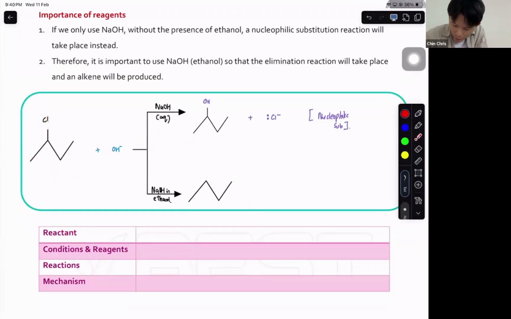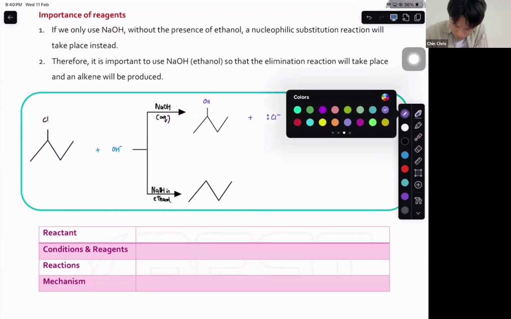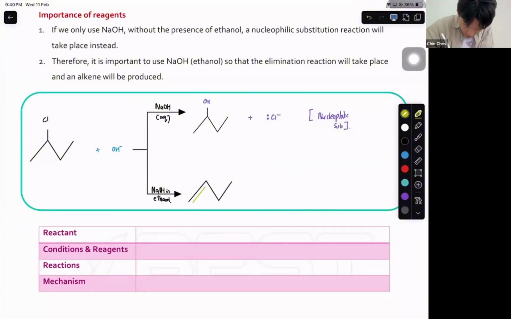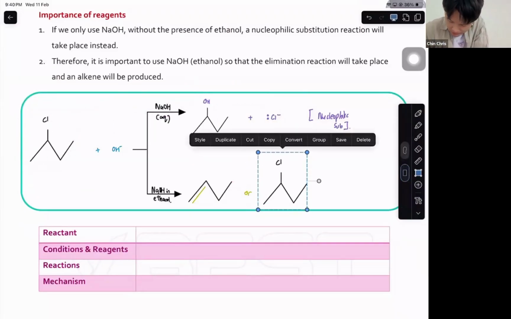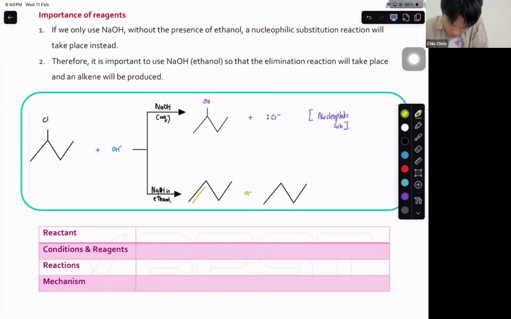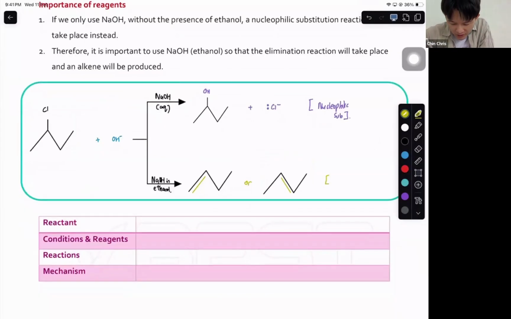I will have a double bond here, or I will have a double bond on the second and third carbon. And guys, this reaction is elimination.